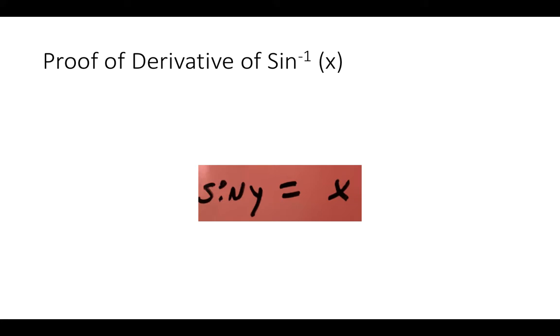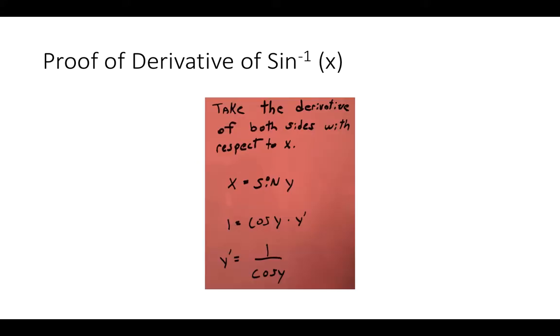What are we going to do now? We are going to try to get the derivative. So we're going to take the derivative of both sides with respect to x. When we take both sides with respect to x, we don't get x prime, because remember it's with respect to x. We just get 1. The derivative of x is 1. The derivative of a sine function is cosine. This is the cosine of the function.